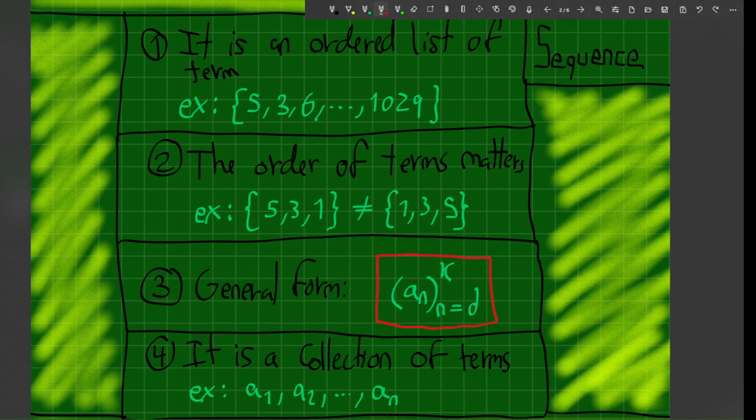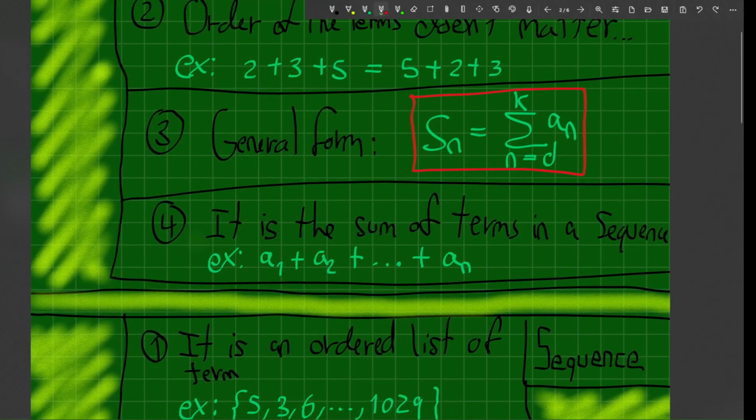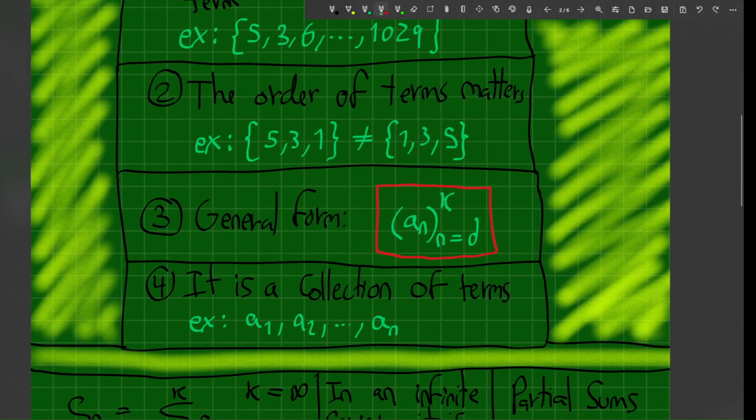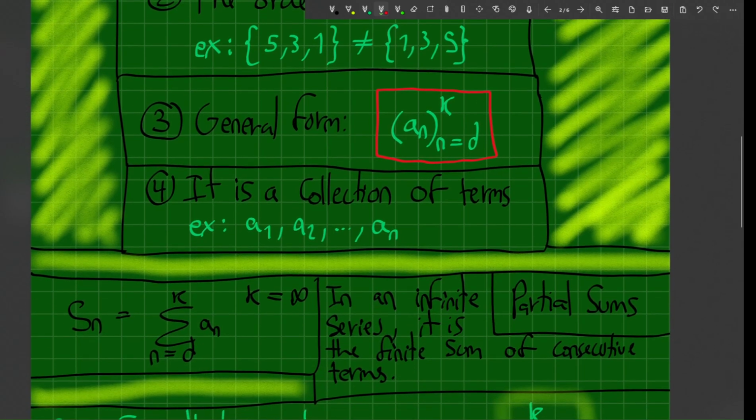So k is the final iteration. D is the starting iteration, like we have in series. K is the last one. Then we have the term, and then n down here. We're just specifying where n commences, so we're equaling it to d, and then specifying k, which is the last one.